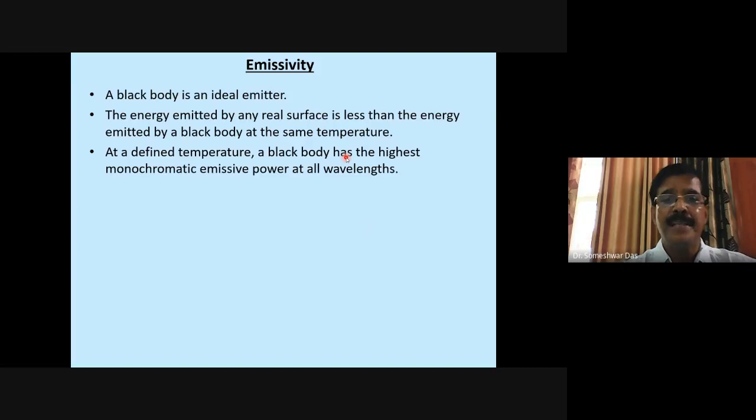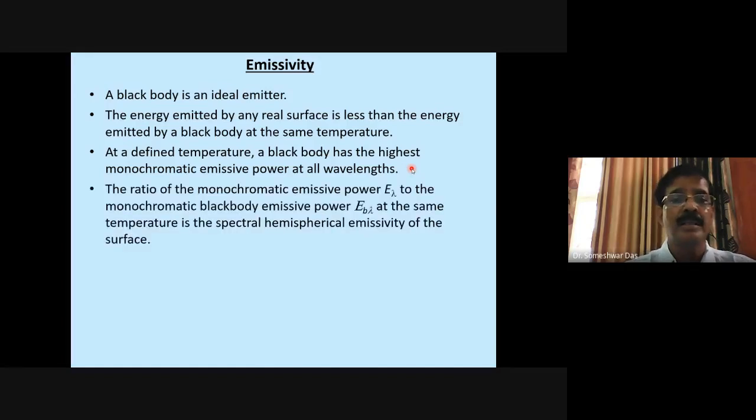At a defined temperature, a black body has the highest monochromatic emissive power at all wavelengths. Standard statement that you know. The ratio of the monochromatic emissive power, E lambda, to the monochromatic black body emissive power, EB lambda, where EB indicates the black body emissive power for the wavelength lambda at the same temperature, is the spectral hemispheric emissivity of the surface.